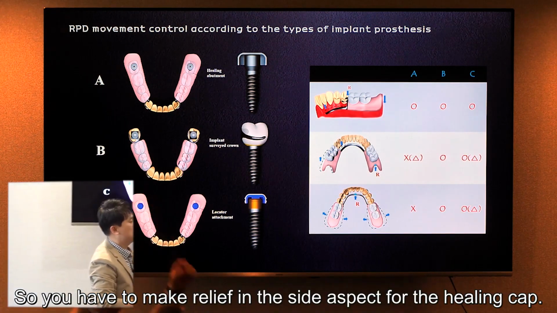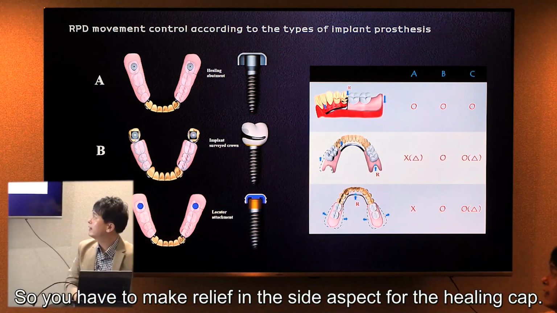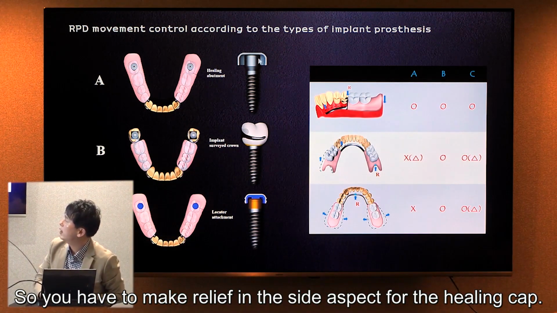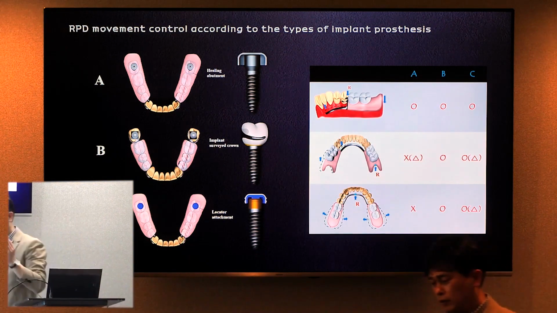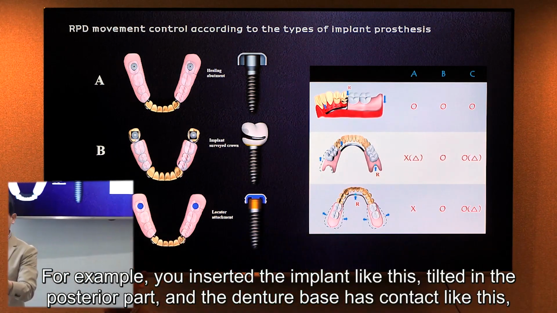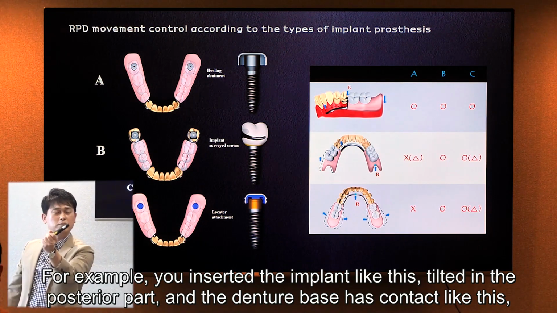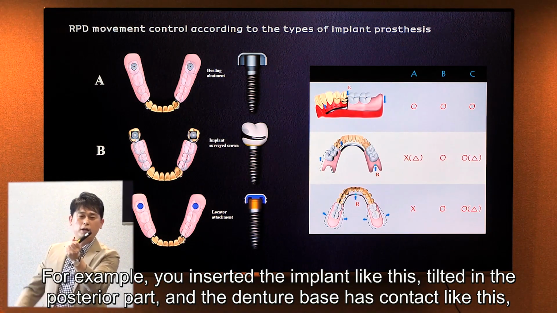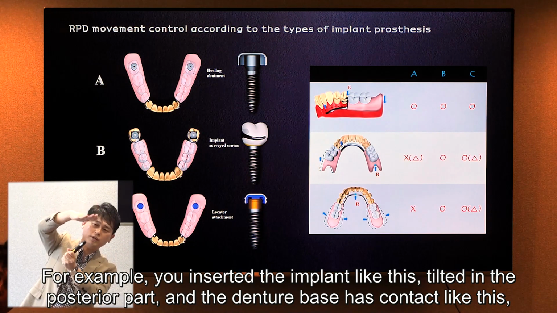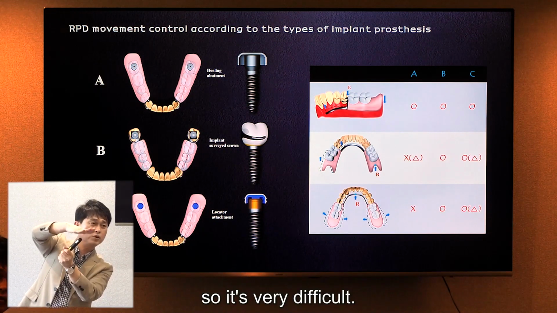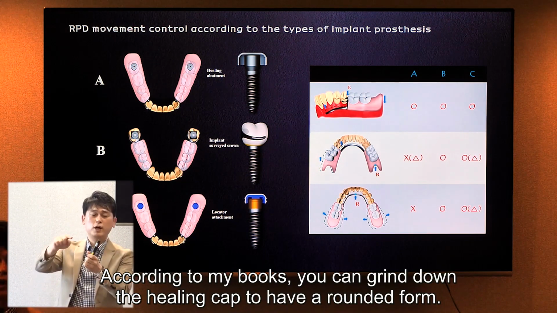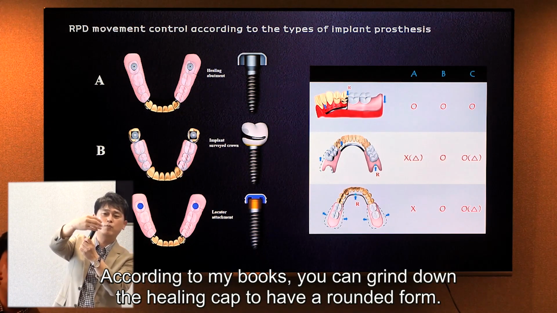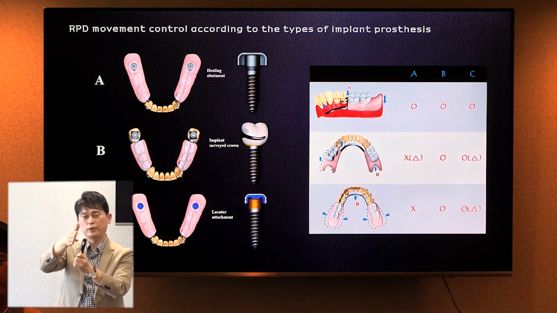You have to make a relief on the side aspect of the healing cap. That is very important. If you insert the implant tilting in the posterior part, the denture base has to contact like this, so it's very difficult. According to my book, you can grind the healing cap into a rounded form.